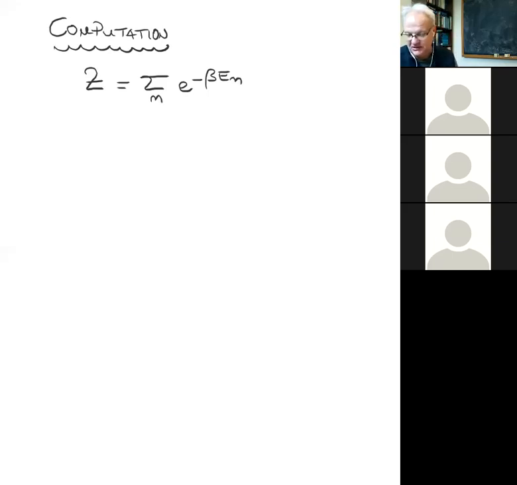If you have particles that are not interacting, then you just compute the partition function for a single particle. Since the energy is just the sum of many single-particle energies, the partition function will be a product of many different partition functions. And the free energy, which is the logarithm, will just be the sum of the different free energies of individual particles.